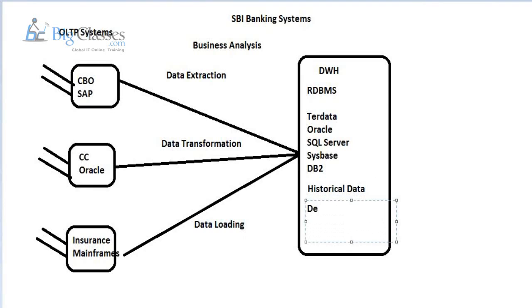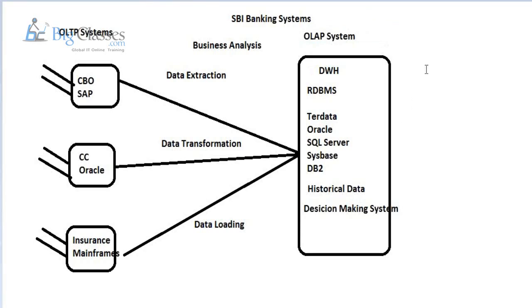The data within the data warehouse is useful for taking decisions, so it is called a decision making or decision support system. It contains historical data and is useful for analyzing the business operation. This system is called an OLAP system.